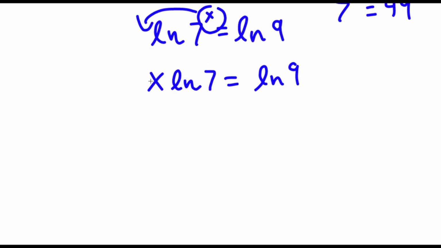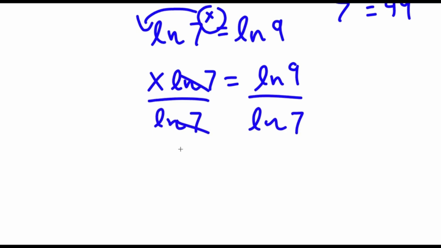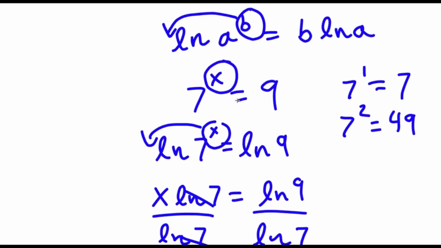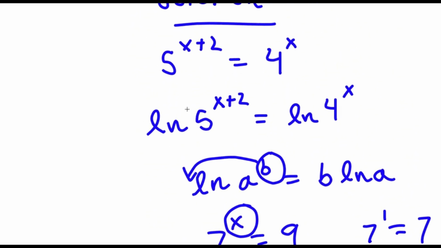And now, as you see, x is a normal term, and it is much simpler to solve for x. Now all I have to do is divide both sides by ln 7. These two cancel out, and I'm left with x is equal to ln 9 over ln 7. So that's why this property is so useful.